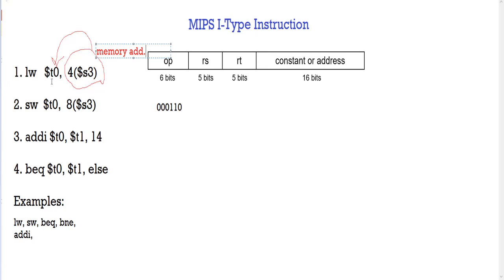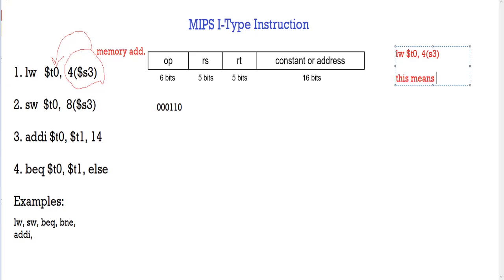Alright then. So how will you calculate the memory address from this 4 and then bracket S3? I'm just going to put a note here. Load T0, and then we have 4(S3).